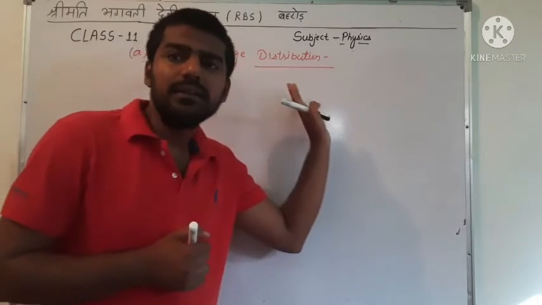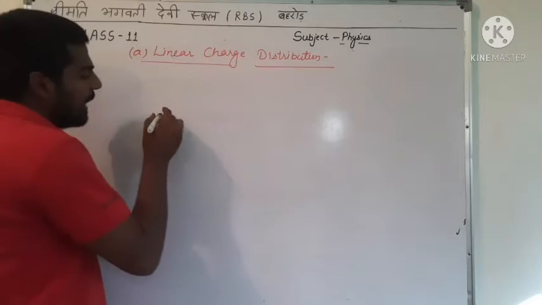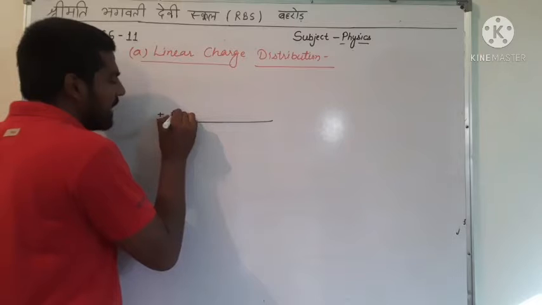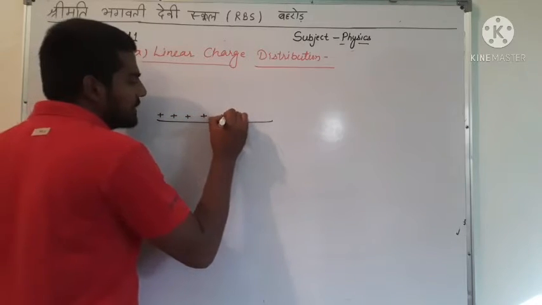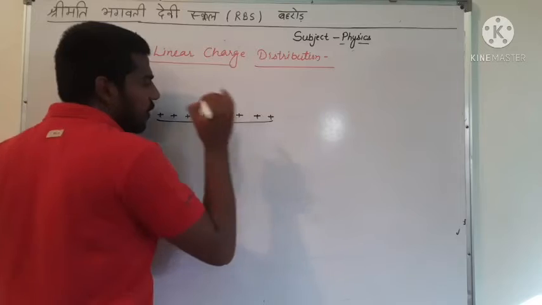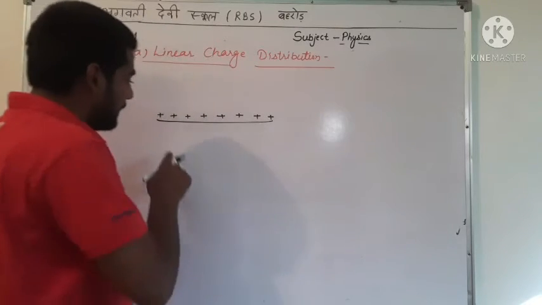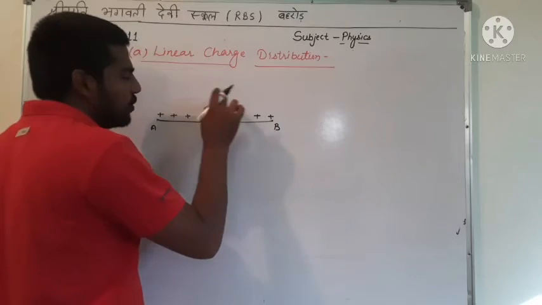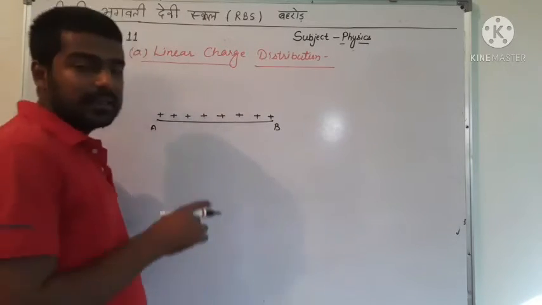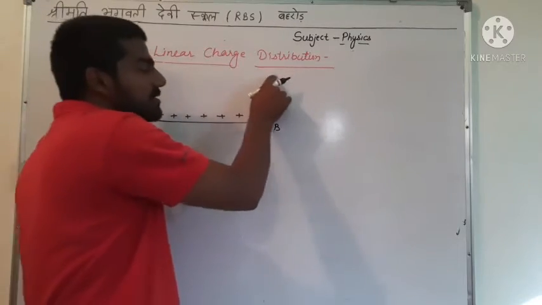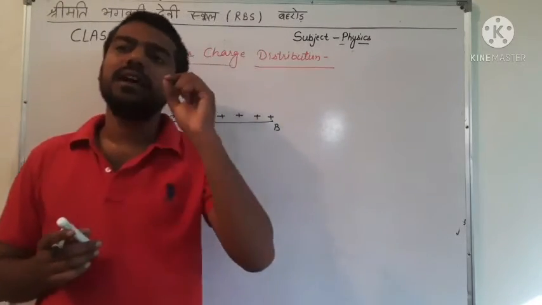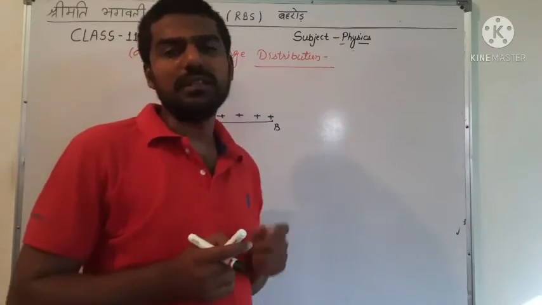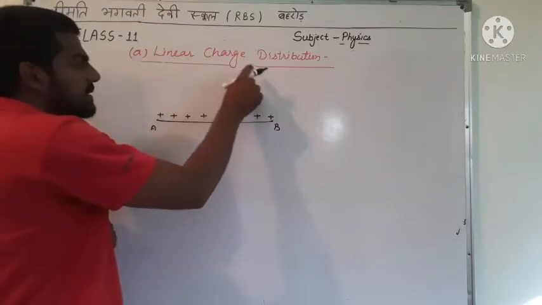If we have a line and the charge is distributed on this line continuously or at a fixed distance, say this is line AB and the charge is continuously distributed on line AB, then it is called linear charge distribution. It means if the charge is distributed on a line continuously, then it is called linear charge distribution.